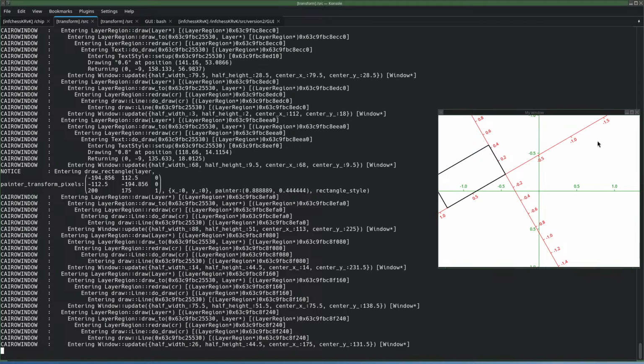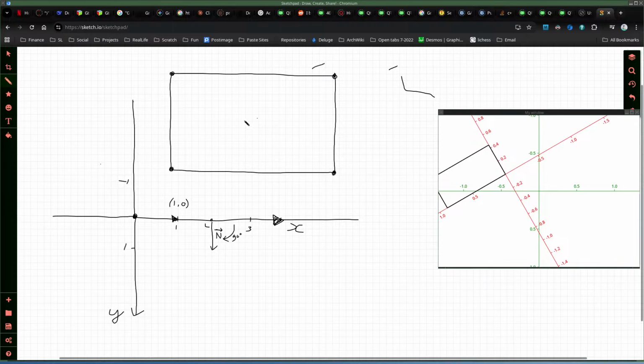Okay, and we want to talk about the x-axis. So the line goes from this side to the top. In this example. So this is our line. We're going to find this intersection and this intersection.